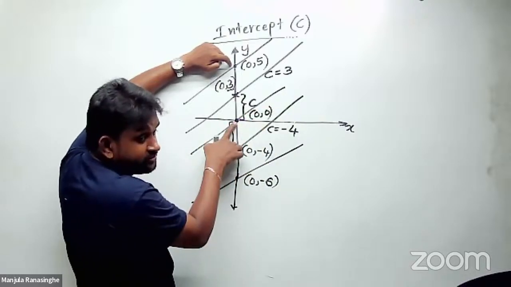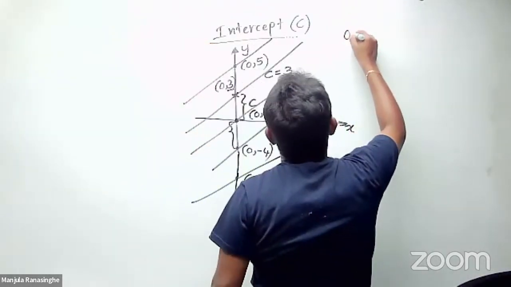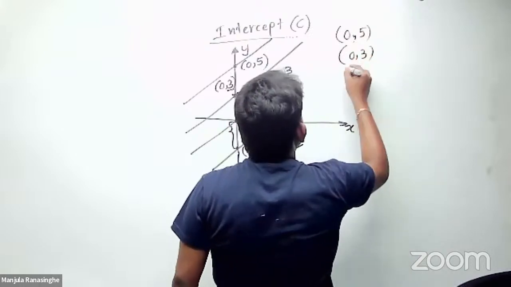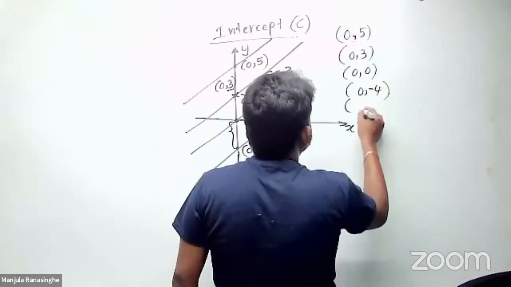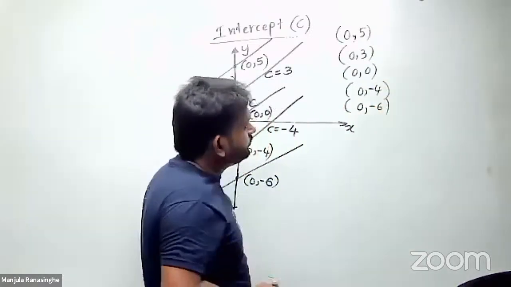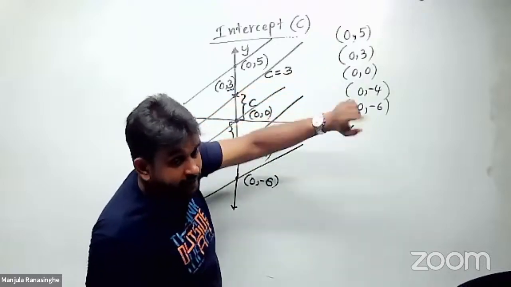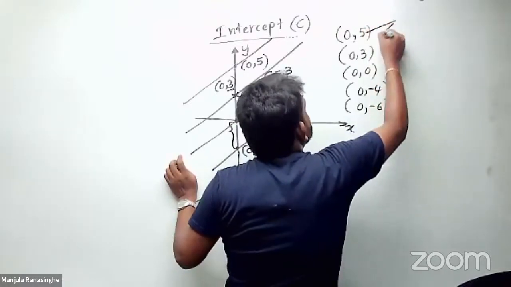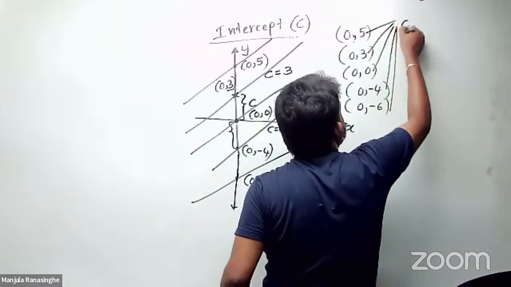Origin is 0, 0. Now you see all the graph y intersecting points: here 0, 5, here 0, 3, here 0, 0, 0, negative 4, and then 0, negative 6. Now these are the intercept points, right? So the second value is the intercept. So these are the intercepts of each equation, that is C.